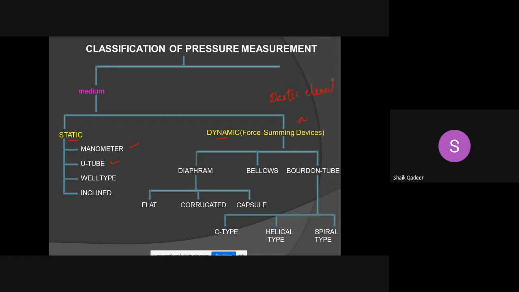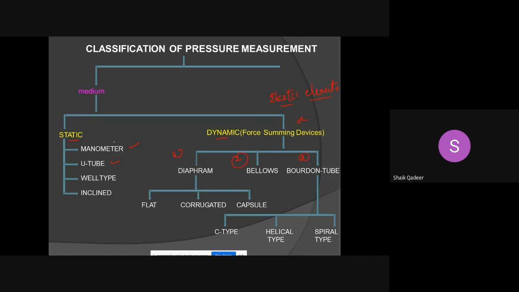In our course, it is mentioned that the methods with the help of which we can measure medium pressure use the elastic element, which is also called a force summing device, used to measure dynamic medium pressure. The first elastic element is the diaphragm, the second one is bellows, and the third one is Bourdon tube.